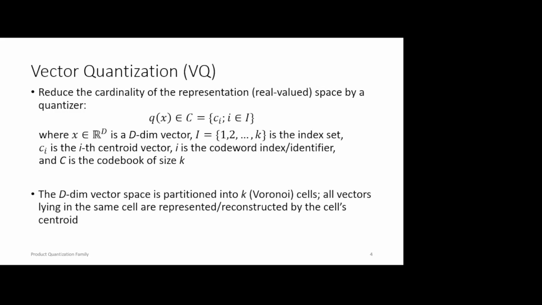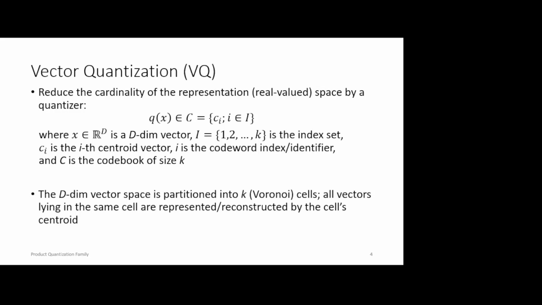Okay, so this vector space, based on if we use this quantizer Q, you can imagine that your d-dimensional space is actually partitioned into k cells, and each cell will contain several real-valued vectors.